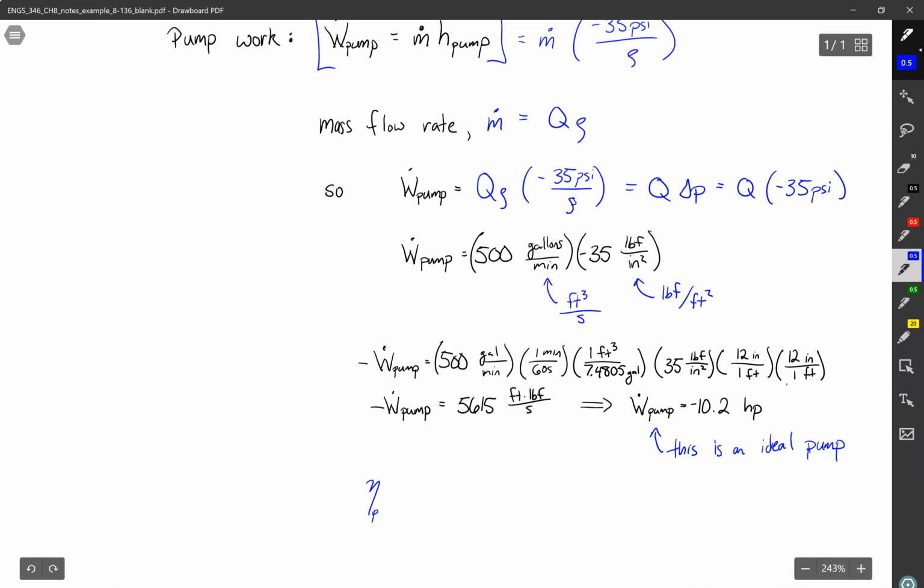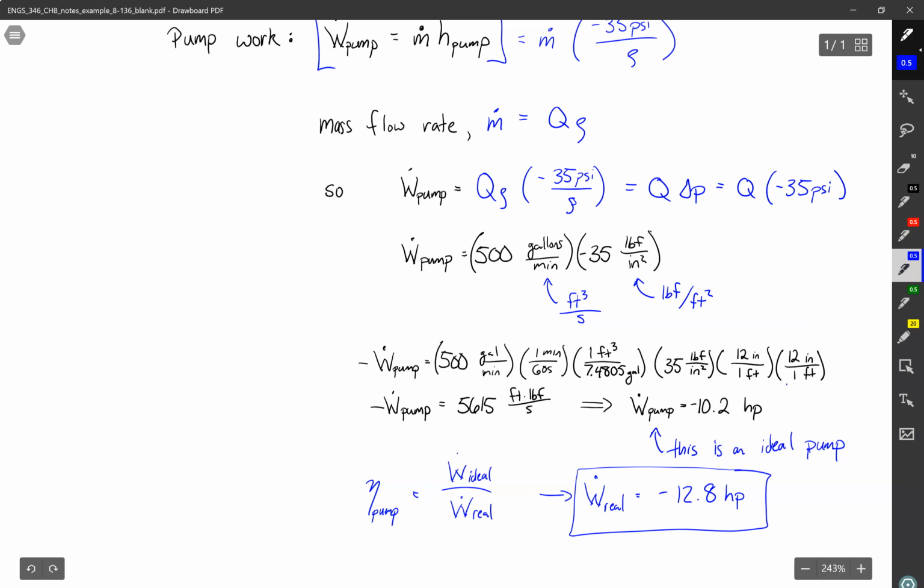So the efficiency of our pump is equal to the ideal work over the real work. And this tells us that the work of our real pump is minus 12.8 horsepower.